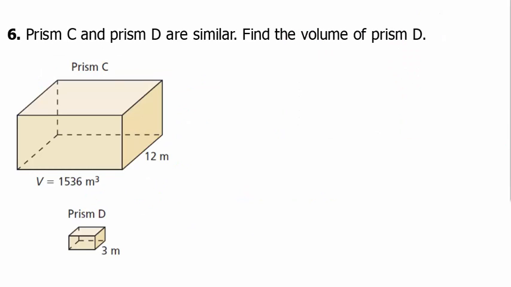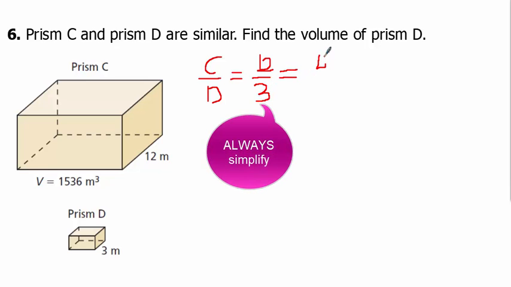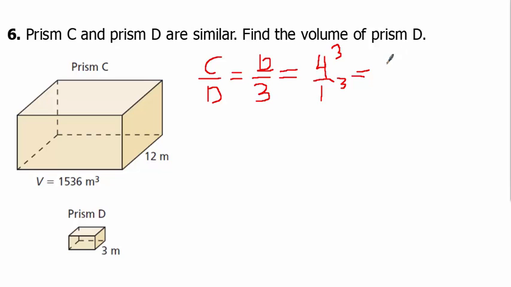Here's another set that we want to set up. Doesn't matter how you pick, C over D, D over C. So if I decide C over D, I can see these guys being part of my ratio. C is 12, D is 3, and I'm going to simplify that because it makes my life easier. 4 over 1, those are what I'm going to cube. So I end up with 64 over 1.